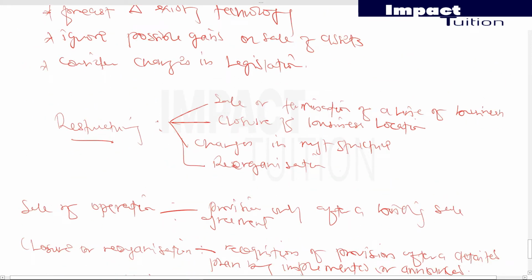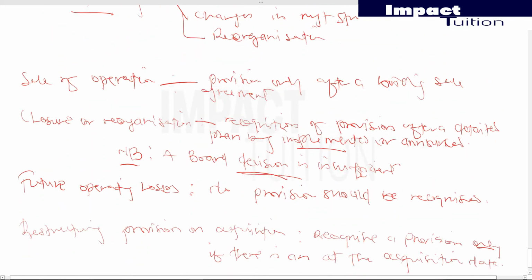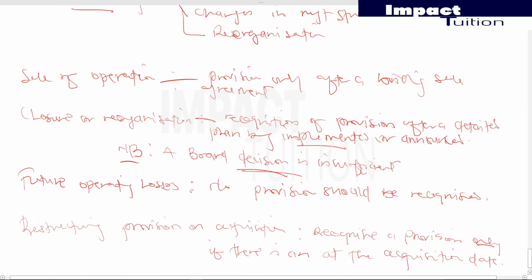We've talked about restructuring, which can take four forms: either a sale or termination, we are closing the business, we are making changes in our management structure, or we are reorganizing. If it is a sale of operation, we should only make a provision after a binding sale contract or sale agreement.